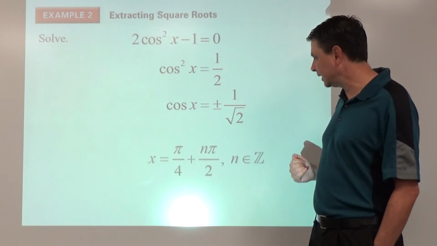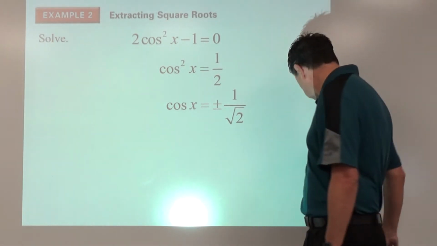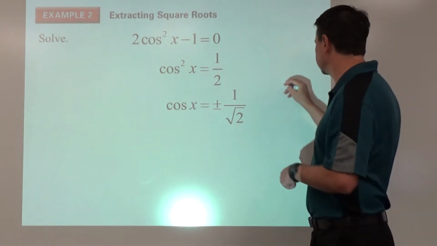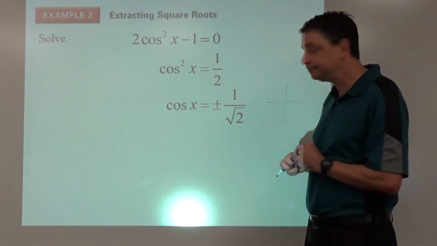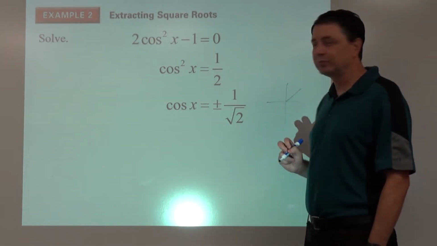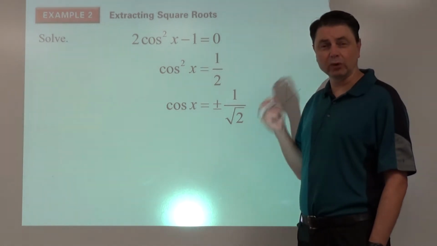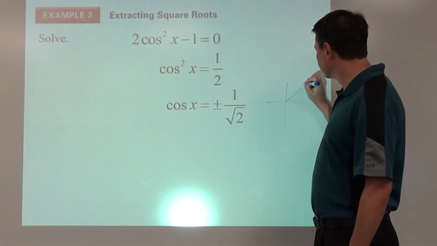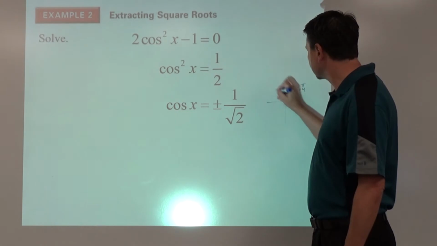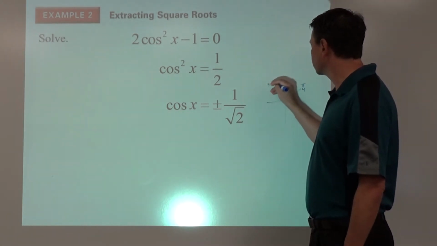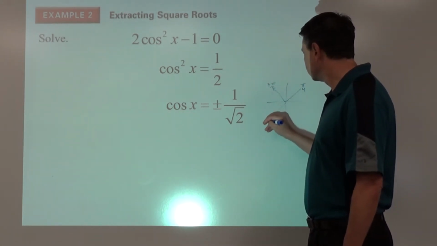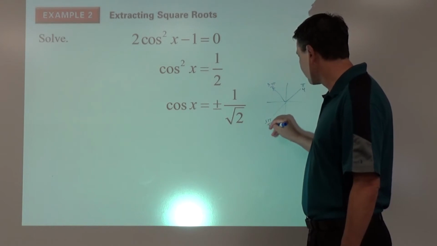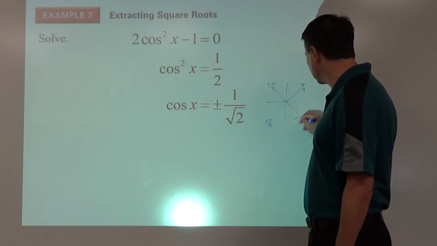So if we look at that, root 2 over 2 is our 45-45-90 special right triangle. That's a pi over 4, 3 pi over 4, 5 pi over 4, and 7 pi over 4.